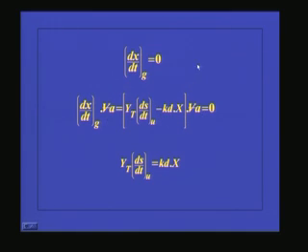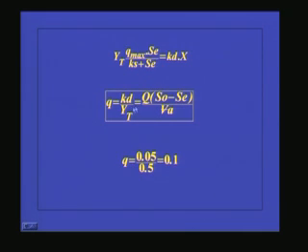We have seen that the net growth is equal to 0, so from this equation we can write Yt times dS/dt equals Kd times X. This is the expression for the extended aeration system, or we can write q as q max times Sc by Ks plus Sc, which equals Kd, or q equals Kd by Yt. And q is nothing but Q times (S0 minus Sc) by Va.